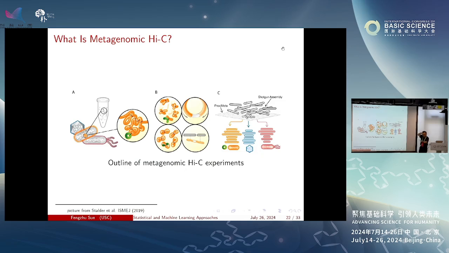In some cells, they may change shape and location. So Hi-C in a single organism is actually a very hot topic, from a particular research group, and a lot of people are working on that problem. Metagenomic Hi-C is an adaptation of this Hi-C experiment from a single organism to the microbiome.